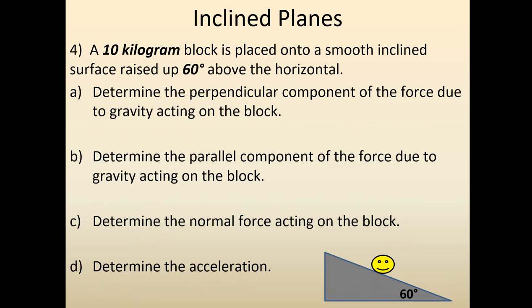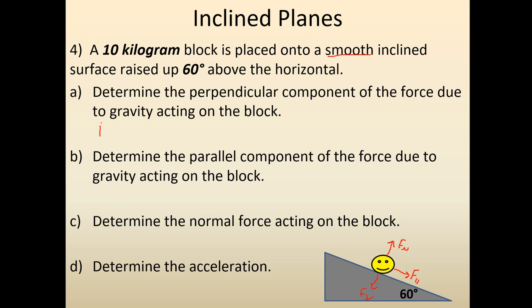So here's the next one. Pause the video, work it yourself. We'll go over it in a second. All right, so once again, I have F perpendicular here and F parallel over here, and Fn going up. Once again, no friction, no applied force because it's smooth and there's no person.